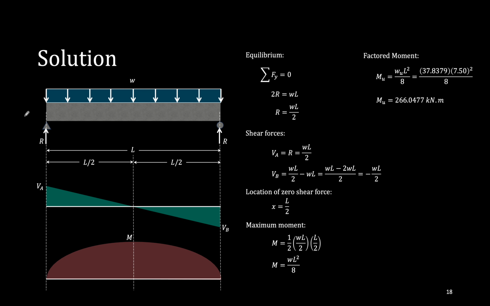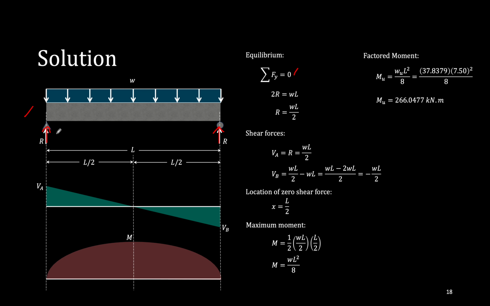Since we have here a singly supported beam, first, i-determine muna natin yung ating mga reactions dito sa ating mga supports. To solve for the reactions, magsama lang tayo ng forces, sum of Fy to be equivalent to 0.